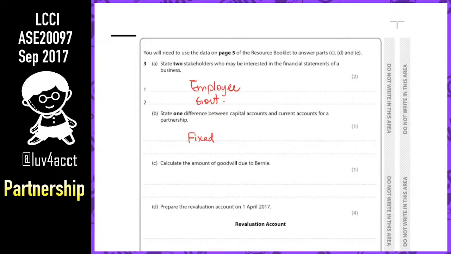The current account is current, so the balance will change according to how much money is appropriated to partners.